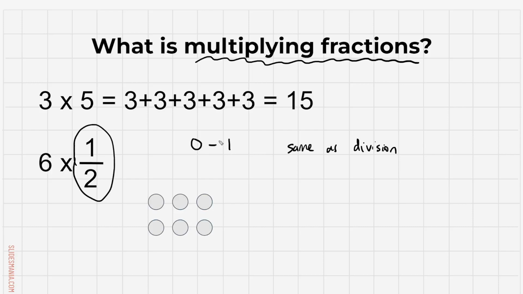It has to be less than 1. So actually I'm going to put a less than symbol there, and then I'm going to put a greater than symbol in front of the 0. So it has to be greater than 0, less than 1. If your fraction is greater than 0 and less than 1, then this multiplication problem is basically the same as division.